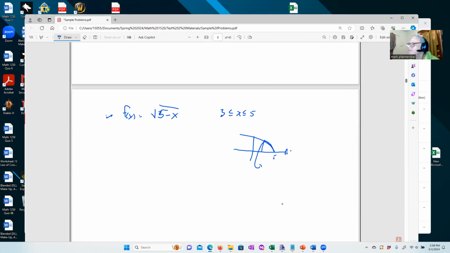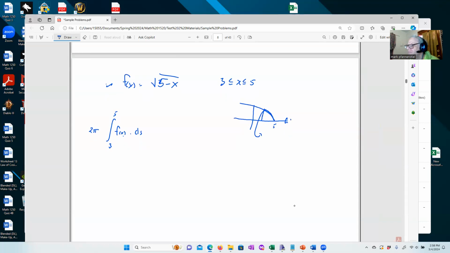Rotate around the x-axis. So what we're going to do is multiply the radius, that's going to be f of x. So we're going to have f of x times ds, and we're going to go ahead and rotate this. It's going to be a 2 pi r times the arc length. We're going to go from 3 to 5.